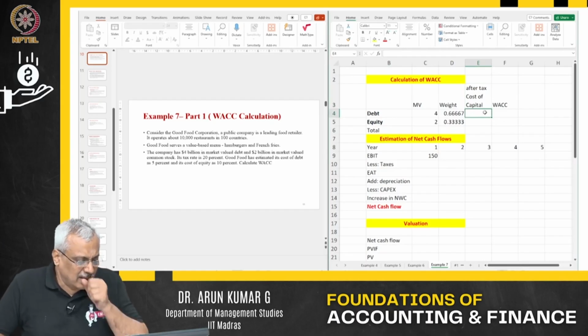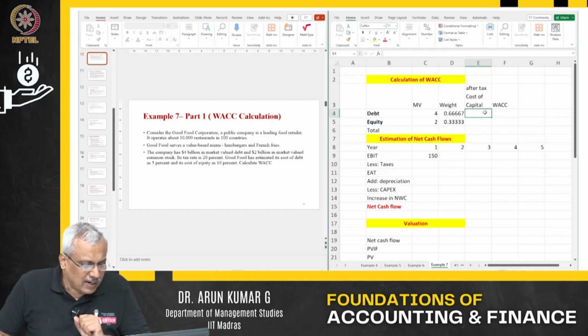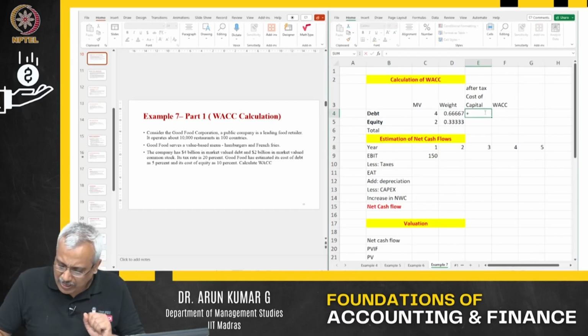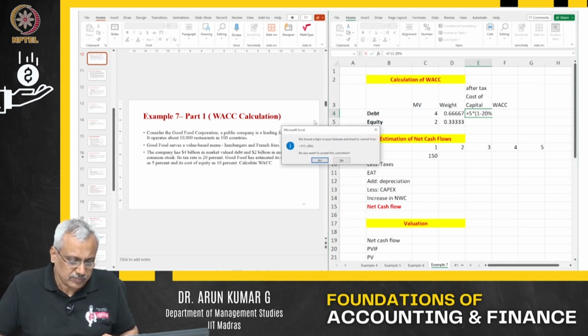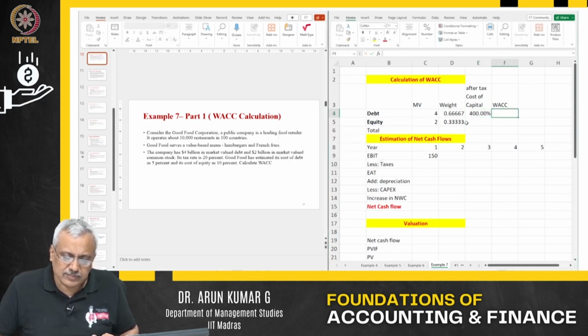What does he say the cost of debt is? Cost of debt is 5%. So 5 into 1 minus 0.2, that is 20%. He is talking about 20% there. 1 minus 20%.